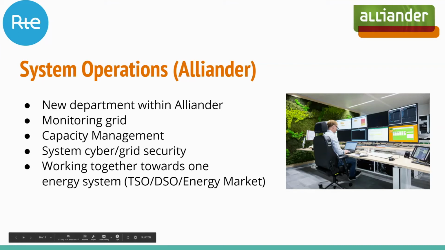Of course, we are also looking at extending the grid, but extending the grid will take time and a lot of money, as some of you might know. So at first sight, we have to do some capacity management. Basically, a system to keep the grid secure. As we always say, to keep the houses warm and keep the lights on. That's one of the main issues and the main goals of Alliander.